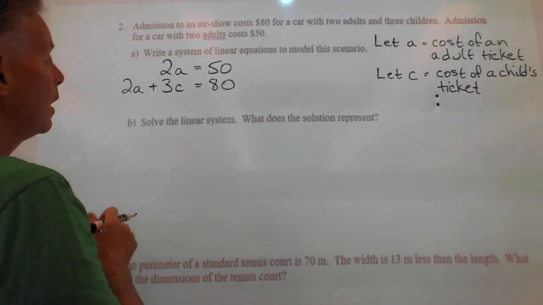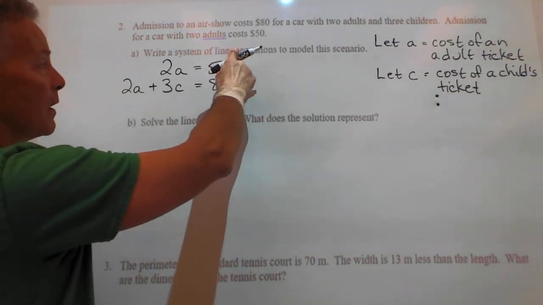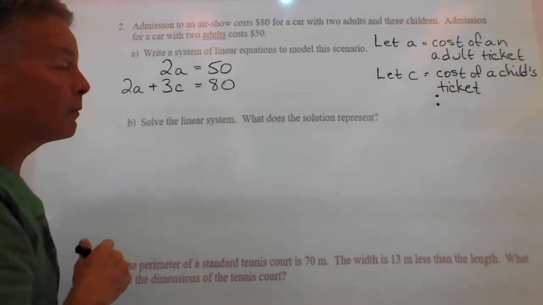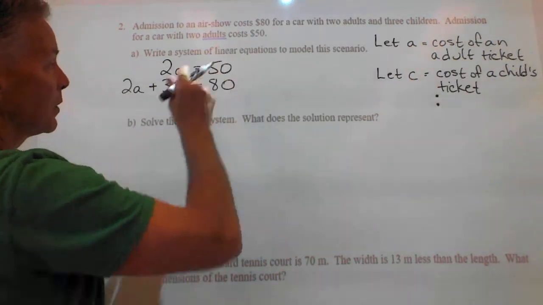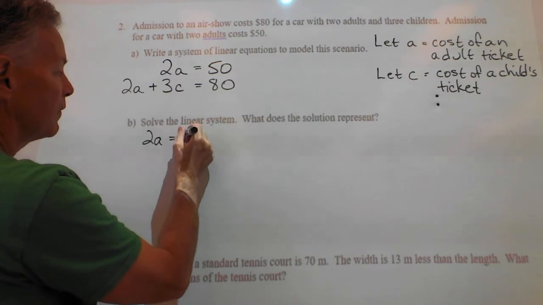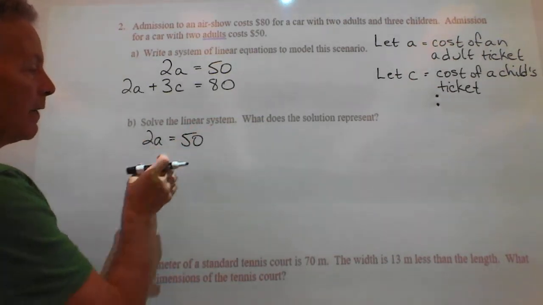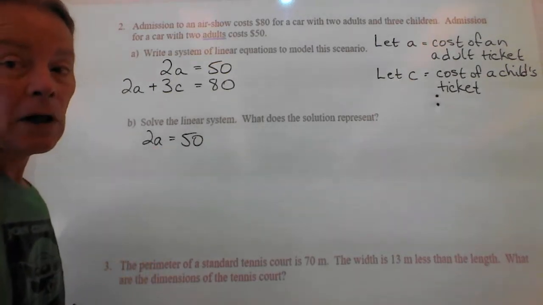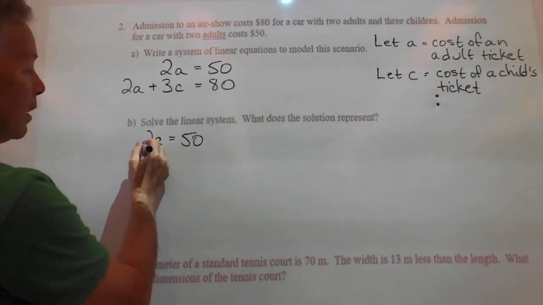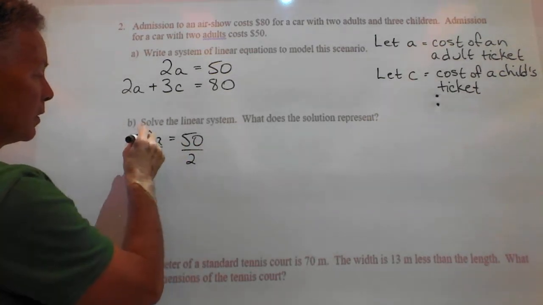Okay? So, we take our simpler equation and we isolate a variable. That's our first step. So we're going to take this simpler equation, 2a equals 50, and we're going to isolate a. And this one's really easy because it only has one variable. We can isolate a simply by dividing both sides by 2.